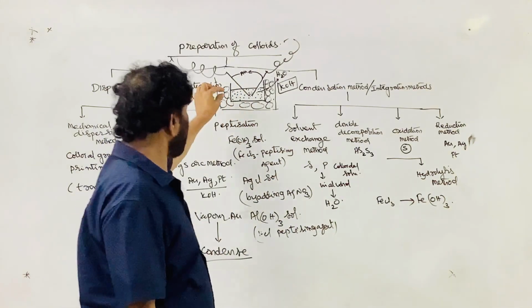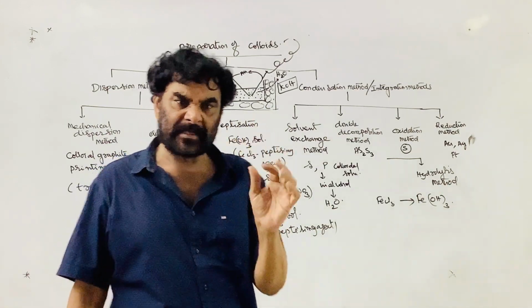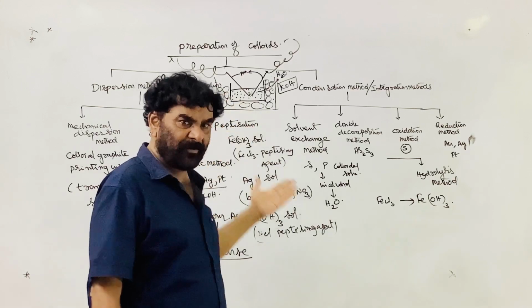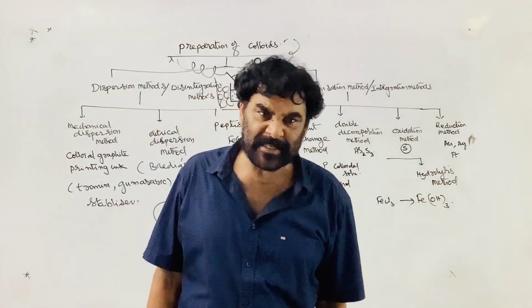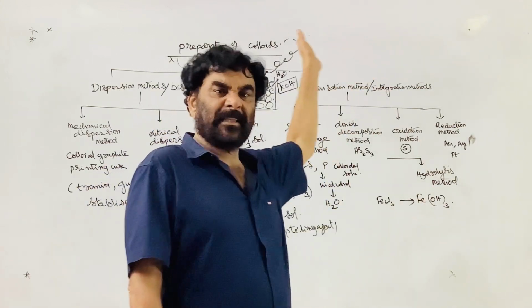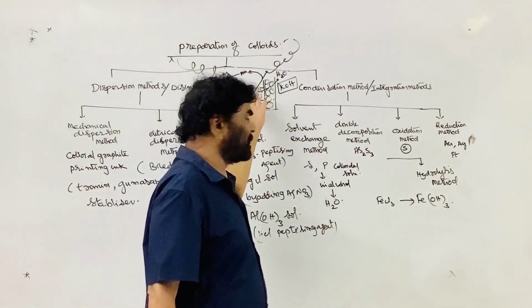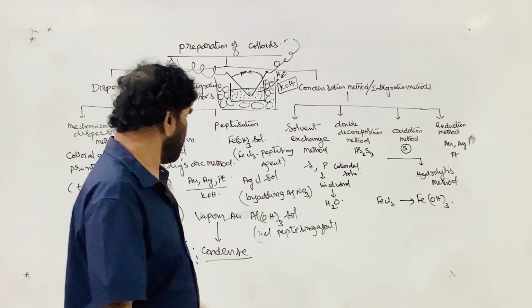Due to these aggregates, the gold particle size is in the colloidal range. Now the dispersion medium is water and the dispersed phase is gold, a metal in colloidal form, in the water. This is called the gold sol.